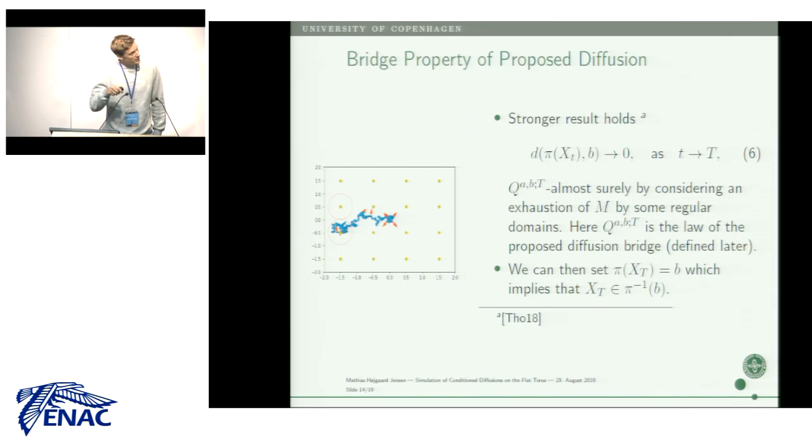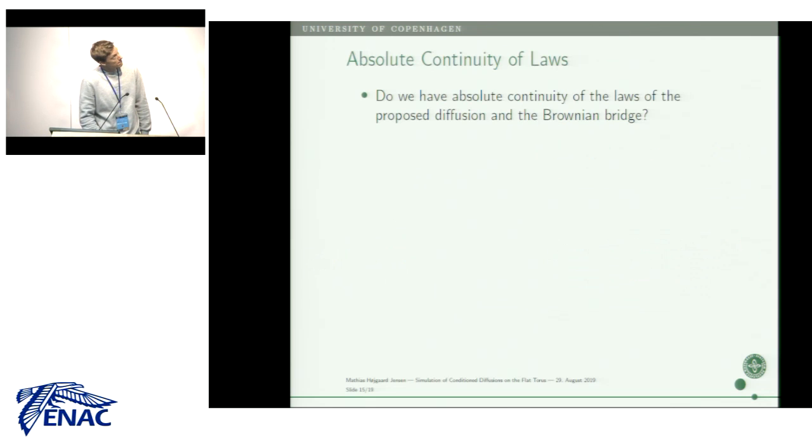And that means that we can set the endpoint equal to our conditioning point and extend our process to a continuous process on the whole closed interval, which then entails that our process in R2 will be in this conditioning preimage set. So the next question is, do we have absolute continuity of the laws?